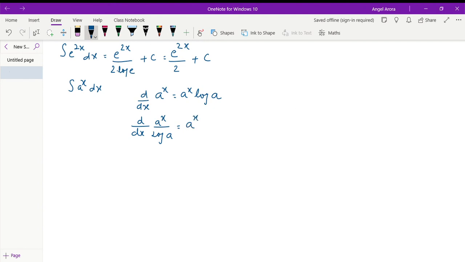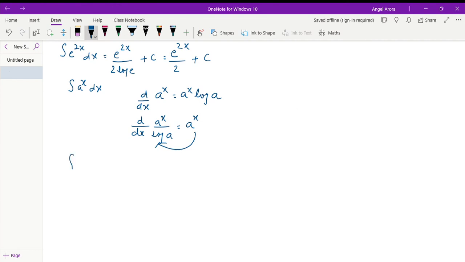So we have proved that the derivative of a^x upon log a is a^x, and we know that integral is the reverse operation. So we can say that the integral of a^x is a^x upon log a.